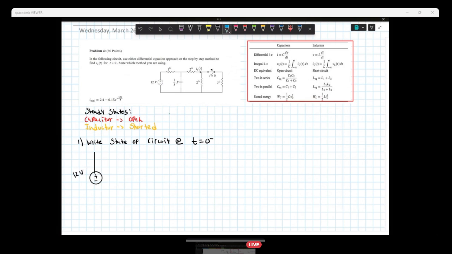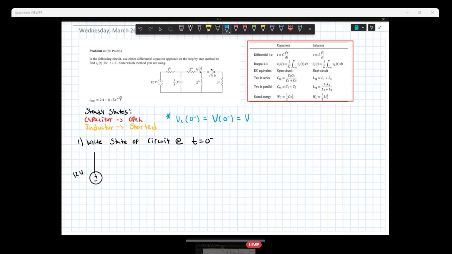Actually, one more thing. We also know that capacitors and inductors, since they're storage element devices, don't change instantaneously. So, for example, for a capacitor at 0 minus, its voltage before the switch is closed or open doesn't matter. It'll be the same voltage in the next state.